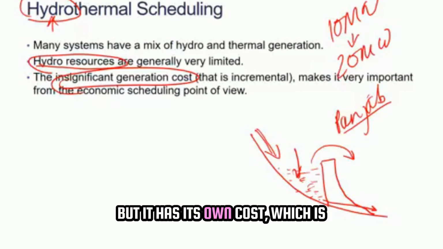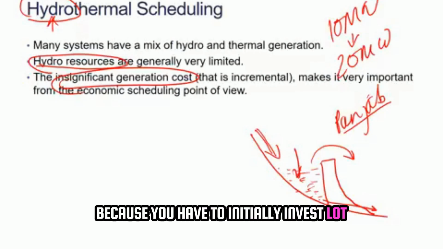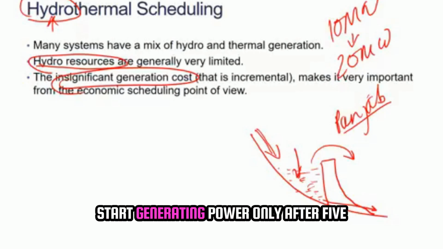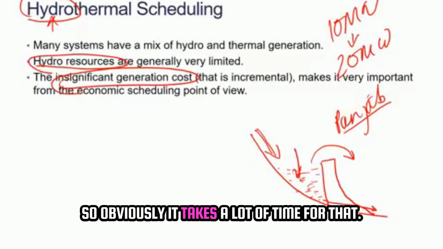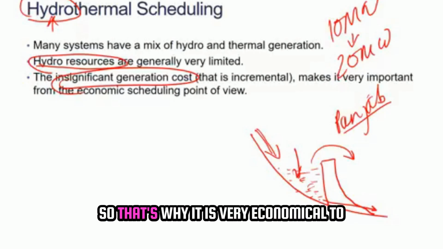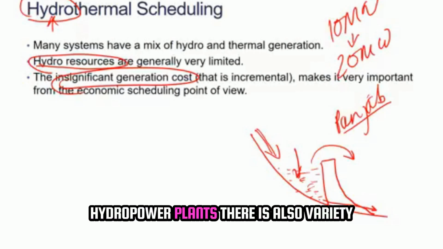But it has its own cost from the capital cost point of view, because you have to initially invest a lot of money to build this dam, and it will start generating power only after 5 to 10 years once it's completed. So obviously it takes a lot of time. But eventually it is a very insignificant cost. That's why it is very economical to build and to utilize these dam hydropower plants.